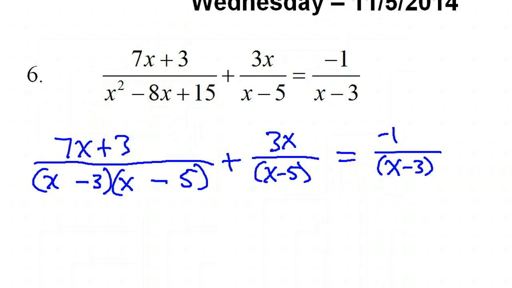So I need my least common denominator. If I tried to make all the denominators the same, I would make them all into x minus 3 times x minus 5. So that's what I have to multiply by: x minus 3 times x minus 5, in all 3 places.